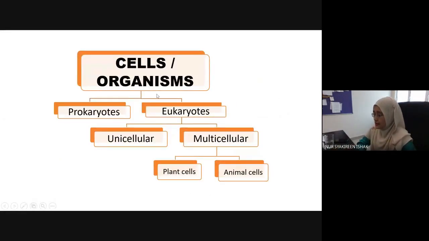Cells or organisms are divided into two: prokaryotic cells and eukaryotic cells, or prokaryotes and eukaryotes. Kita guna istilah ada YOTS ni.